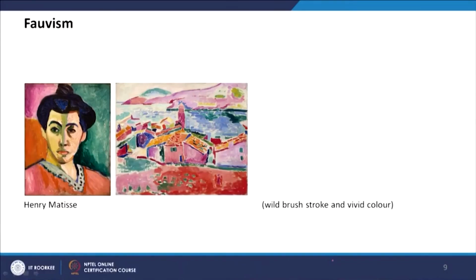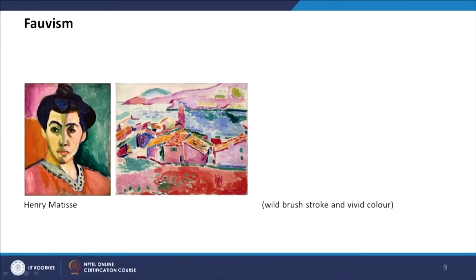So another movement is Fauvism. Here also we see a lot of different color patches, but these colors are very vibrant and quite vivid for the eyes, and they have more attraction value. They're not very toned-down colors.